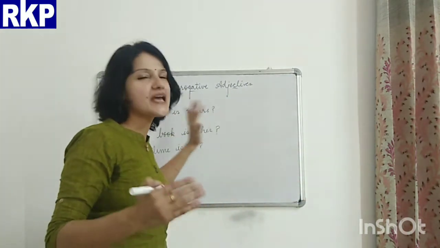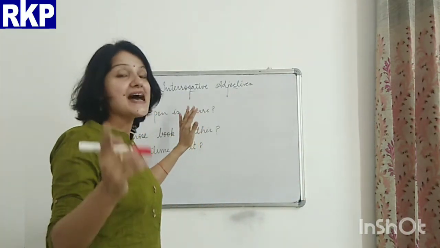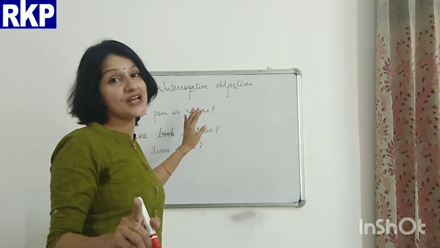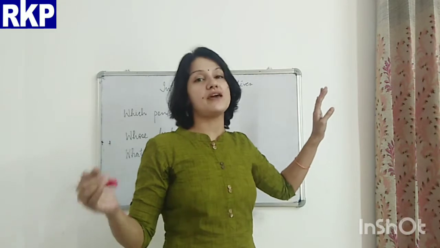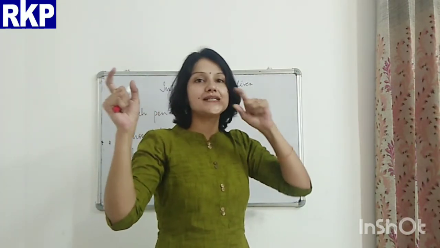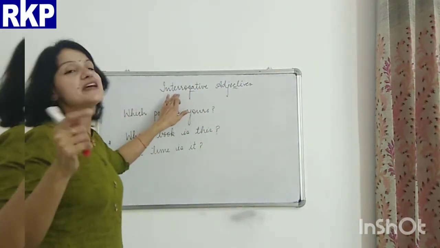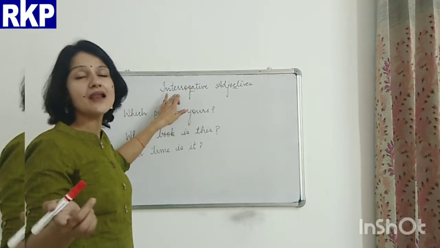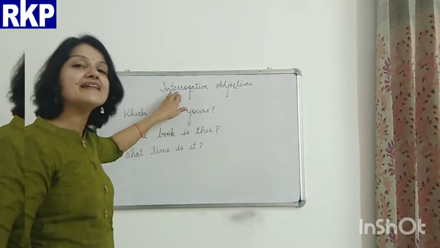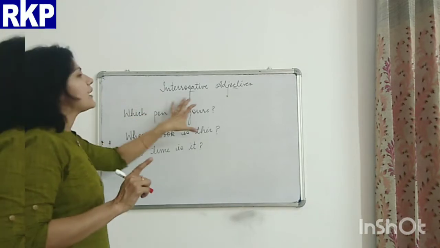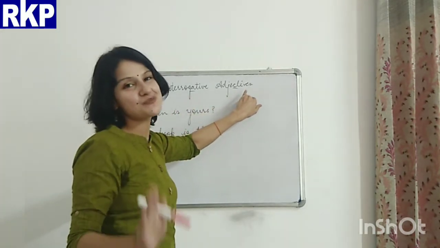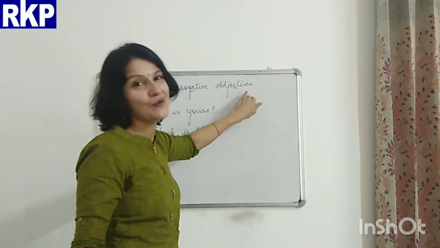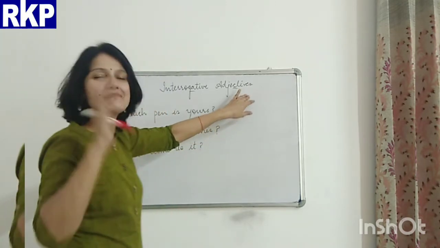The same condition goes here as well, as I told you in demonstrative adjectives, because demonstrative pronouns are also there which look similar. The same way we have interrogative pronouns as well, but the condition remains the same. If it is an interrogative adjective, it will always be followed by a noun. Just remember this thing.